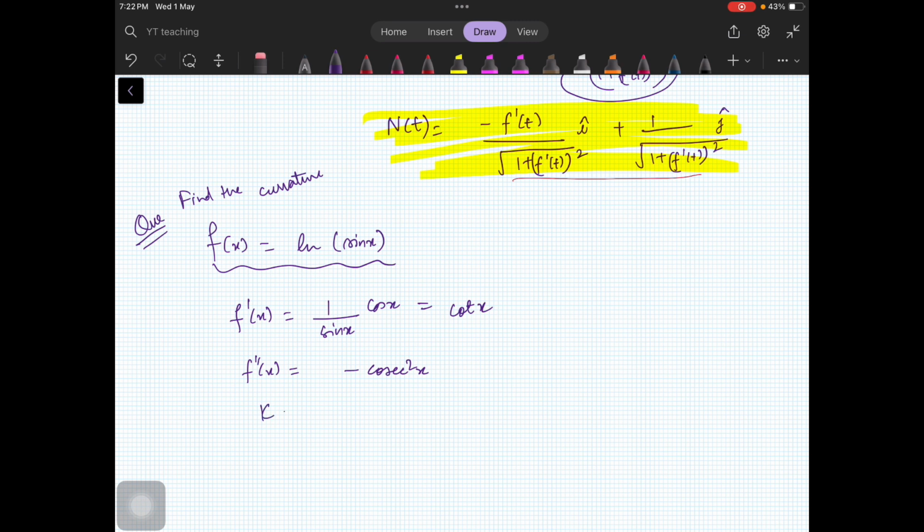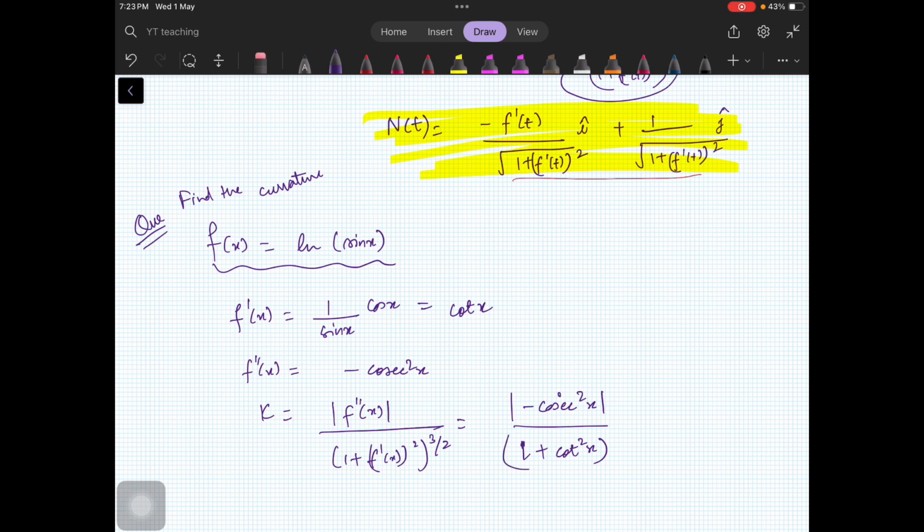So, curvature is modulus of f double prime x divided by 1 plus f dash x square raised to power 3 by 2. So, that is equal to modulus of minus cosecant square x divided by 1 plus cot square x raised to power 3 by 2. So, that would be plus cosecant square x divided by cosecant cube x.